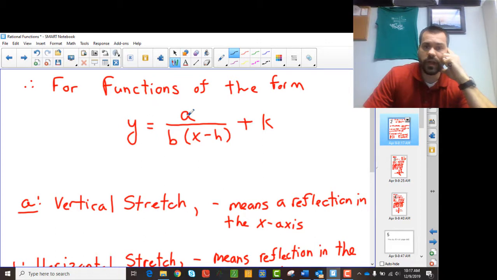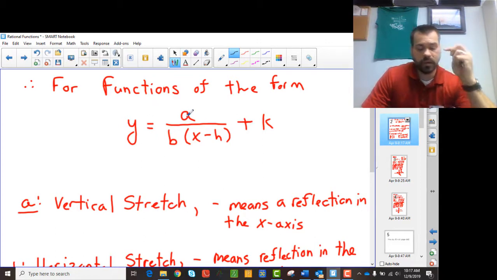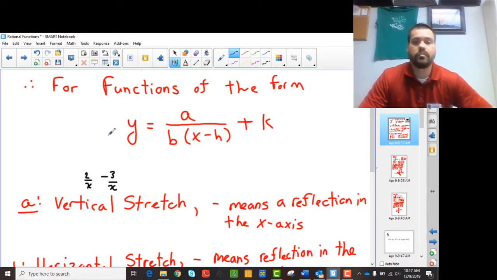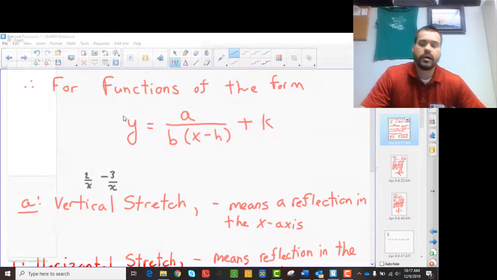All right, so what happens when I add in numbers to a, meaning you would get something like 2 over x, or 3 over x, or even minus 3 over x? What happens when I add a number here? And what happens is you get a vertical stretch. So that means that the graph is going to get skinnier, or it's going to drop more quickly. I'll just show you an example.